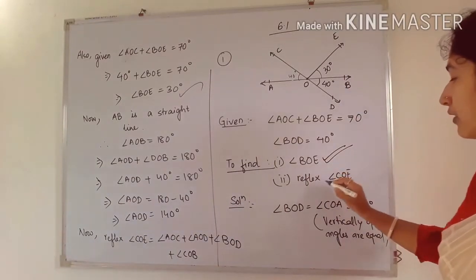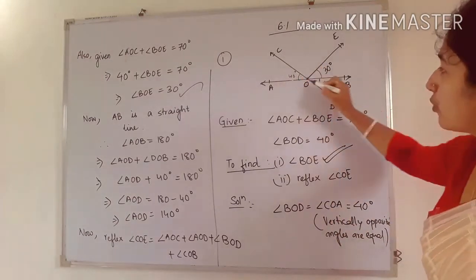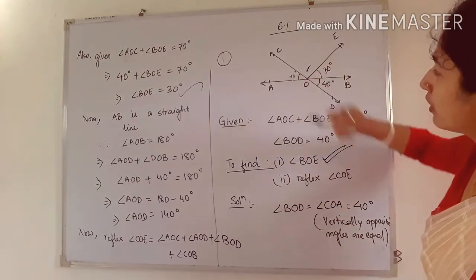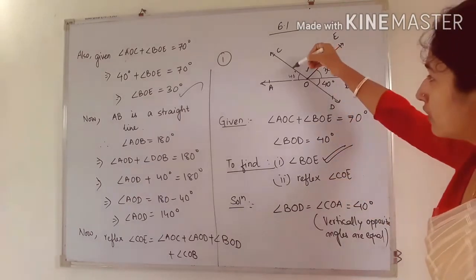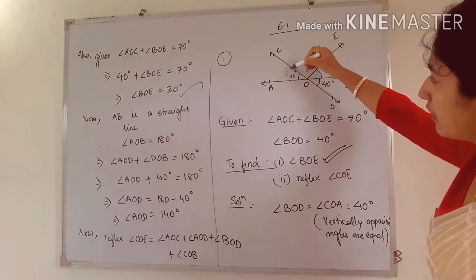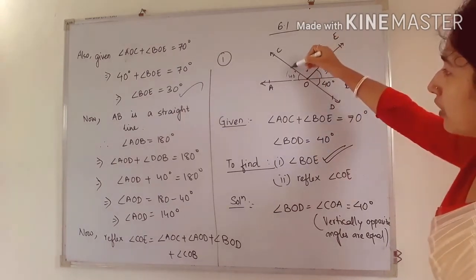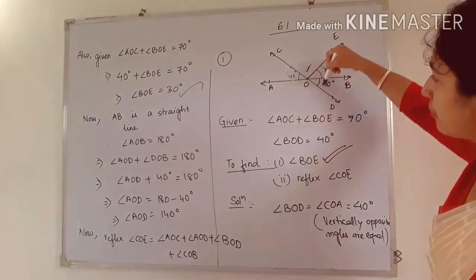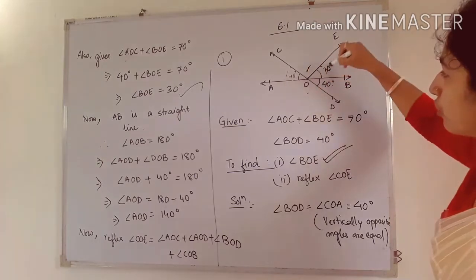Now we have to find the reflex angle COE. So which one is COE? See, this one is COE, but we want to find the reflex angle. Reflex means the opposite part. That means from here to here we have to find. So now see, if we start from this and end in this, how many angles are there? 1, 2, 3, 4. 4 angles.